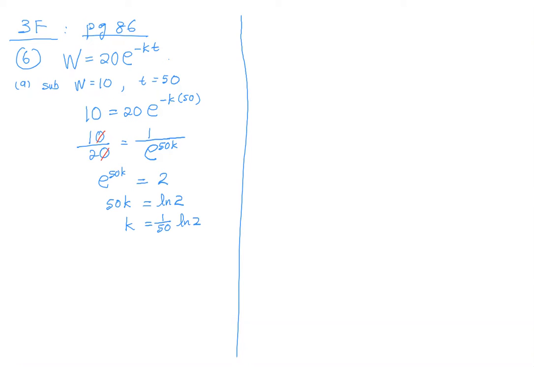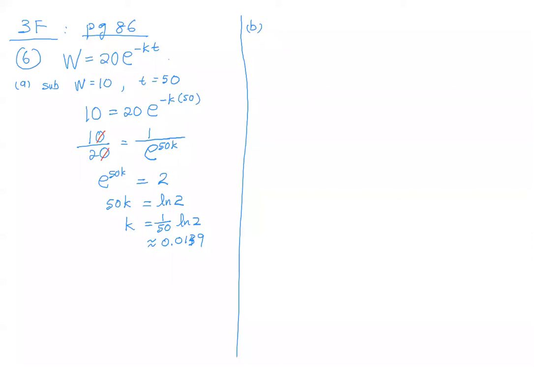If you want to make it easier when you key into the calculator afterward, you can put an approximate value here. It's 0.0139, to 3 SF please. Now you've got the equation already.